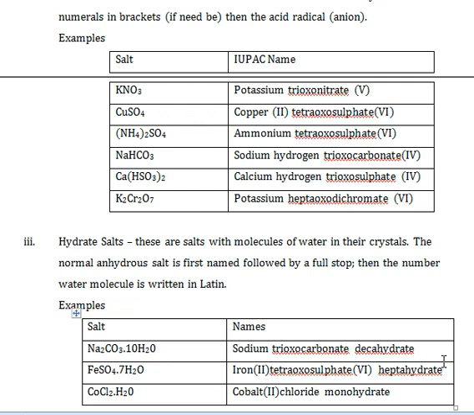So that 10 there is deca. And whenever we are naming water, water is named as hydrate. So that is decahydrate. You have iron 2 tetraoxosulfate 6 heptahydrate, and you have cobalt 2 chloride monohydrate, simply because it contains only one water molecule.